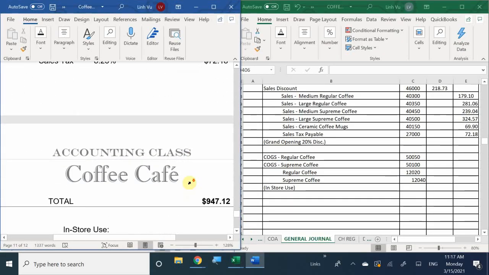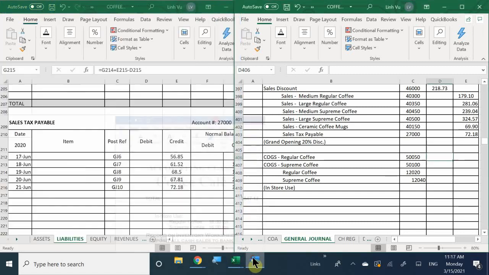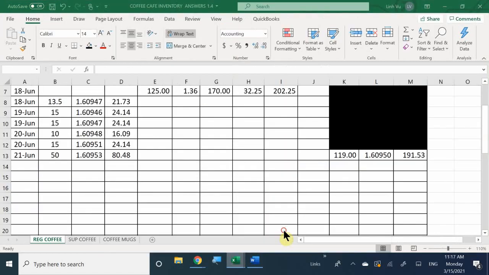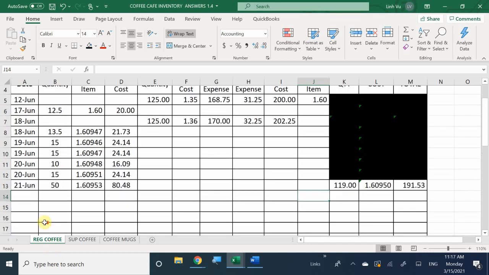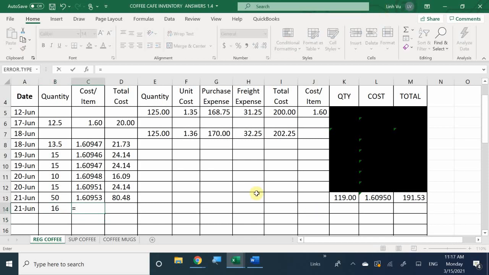We gotta update our inventory worksheet. So here I sold 16 pounds of the regular coffee and 16 pounds of the supreme coffee. So here, inventory worksheet. Regular coffee. $6.21. We sold or used 16 pounds at $6.095.